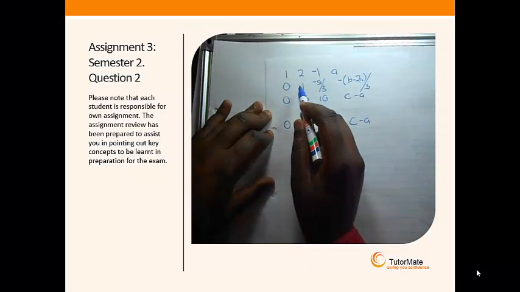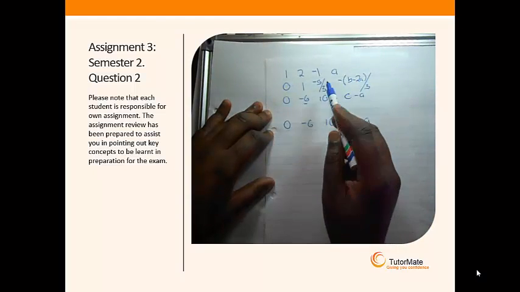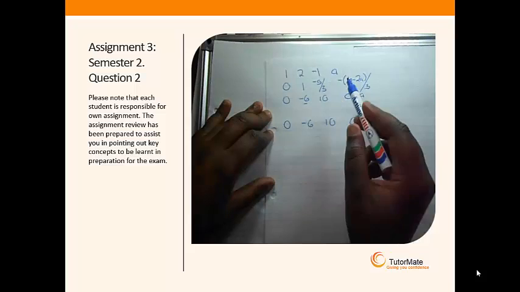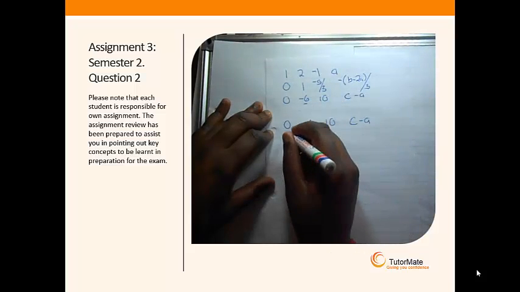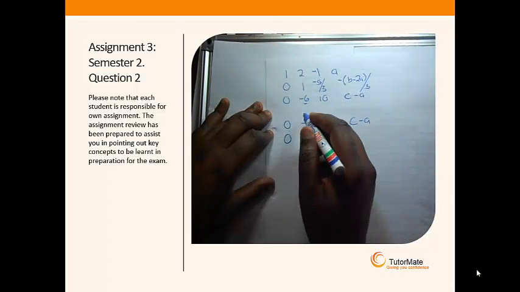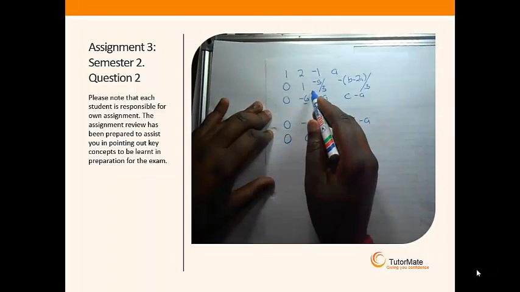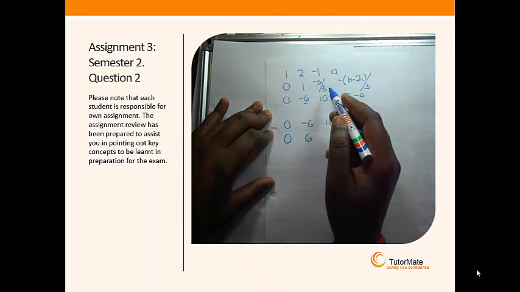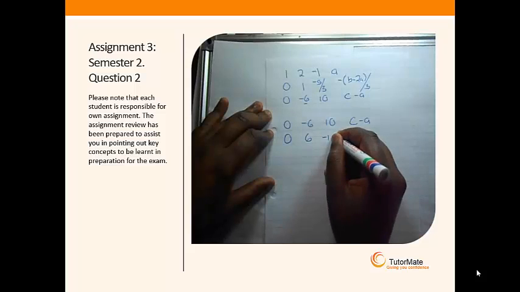You want to add your third row to 6 times your second row. So if you multiply 6 times 0, 6 times 1, 6 times minus 5 over 3, you're going to get minus 10.